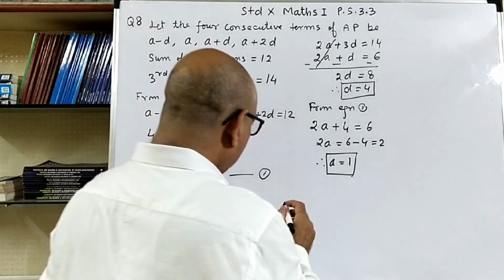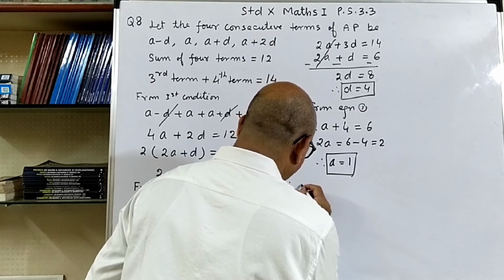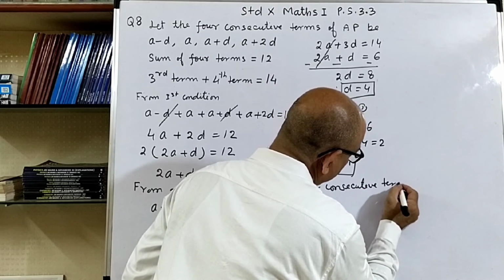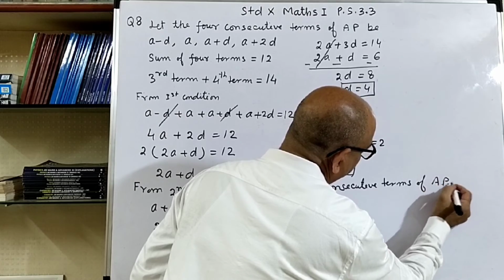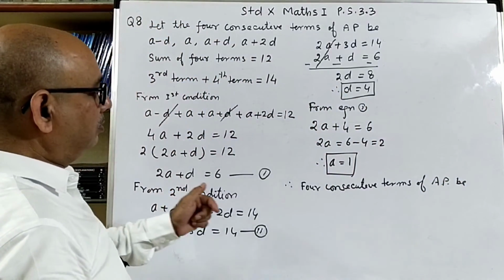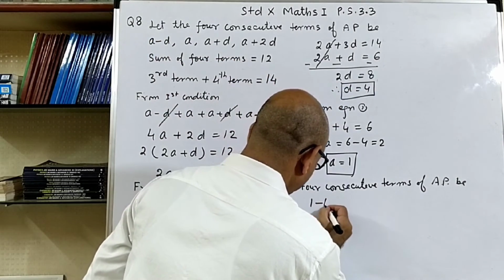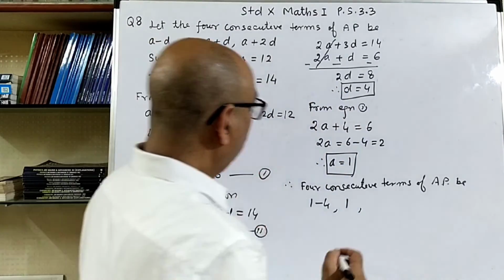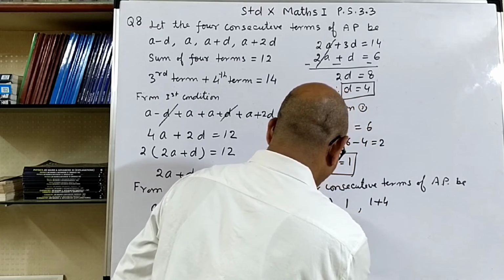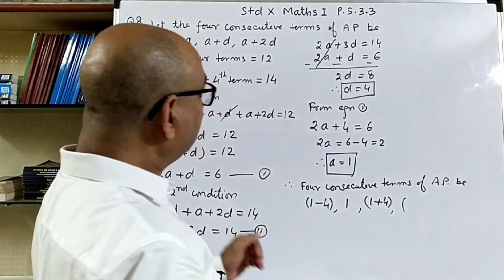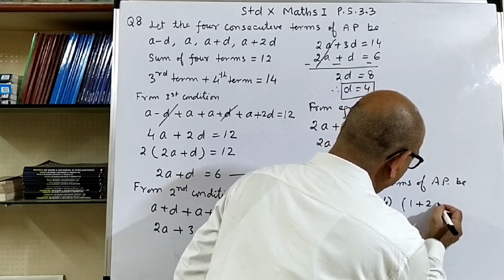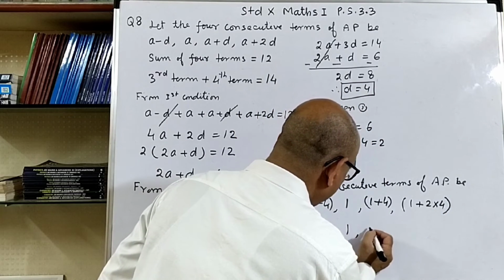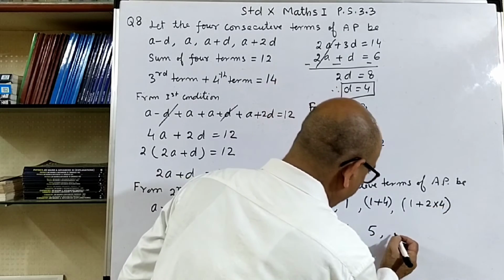Therefore, the required 4 consecutive terms of the AP are A minus D, 1 minus 4, then A is 1, then A plus D, 1 plus 4, and A plus 2D, A is 1 plus 2 into D, 4. 1 minus 4 is minus 3. 1, 5, 2 into 4 is 8, 8 plus 1 is 9.